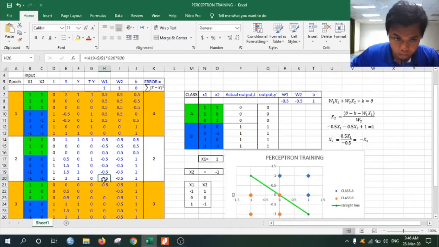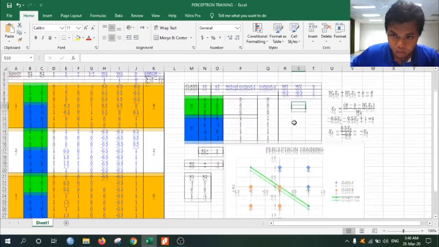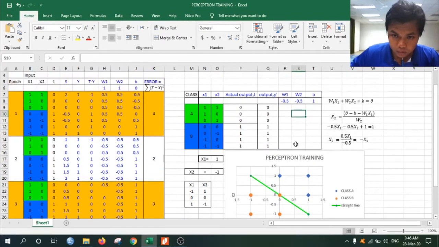We take it from here, and it's the bias. This is our new table for finding the straight line to divide between class A and class B.